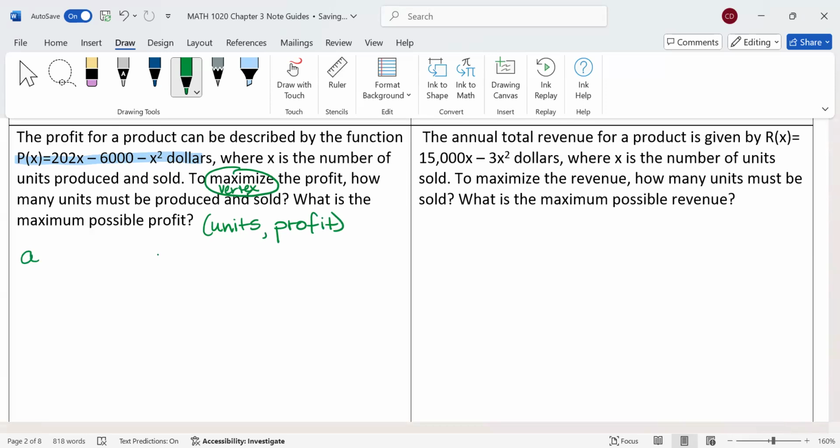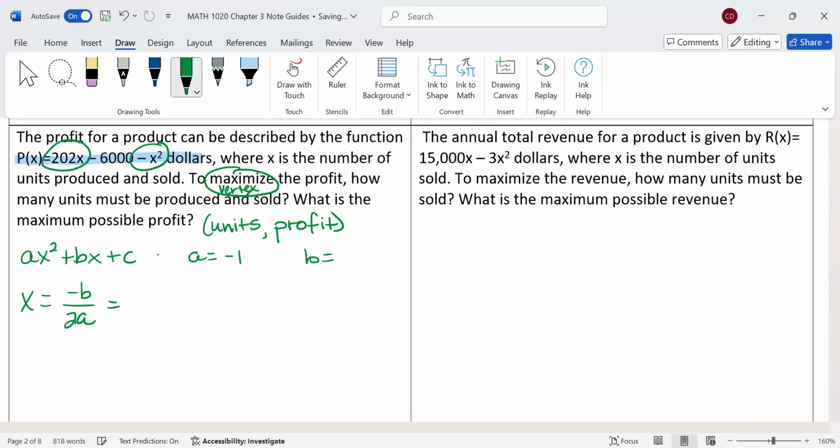All right, so the general form is ax squared plus bx plus c. A is in front of your x squared term, b is in front of the x term, and c is just the number that's by itself, but we're not going to use it. The x coordinate of the vertex is -b over 2a. Your a in front of the x squared is -1.